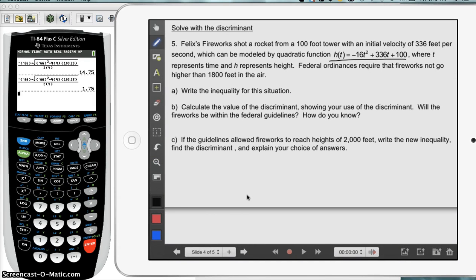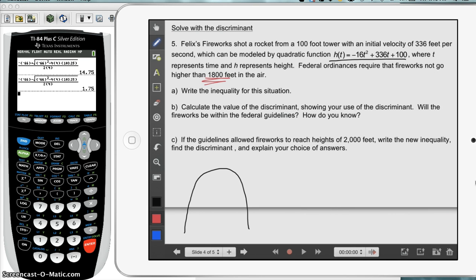But remember, since this is a quadratic equation, you're going to see a parabola. So they're asking that there should be certain guidelines, and the guideline is basically 1800. So whenever you shoot the fireworks, it must not go higher than this number.